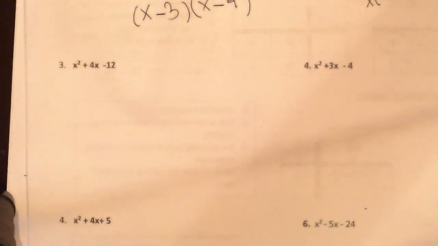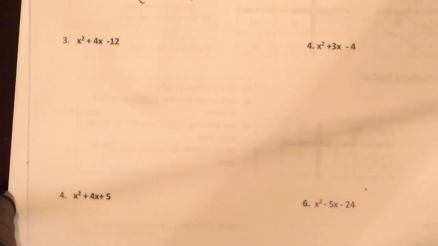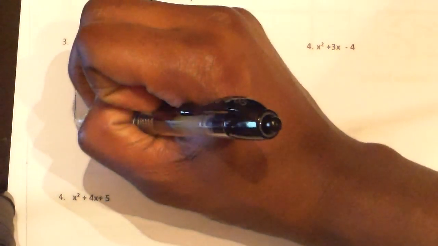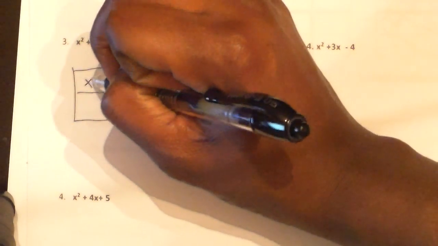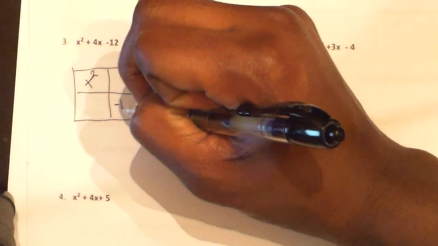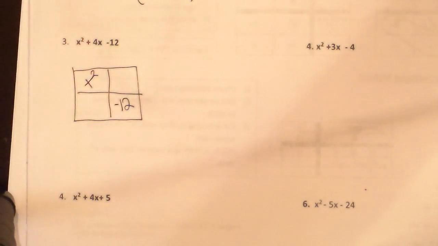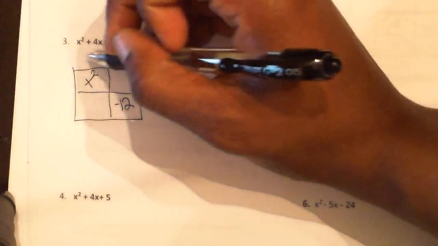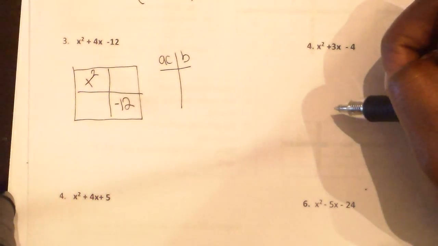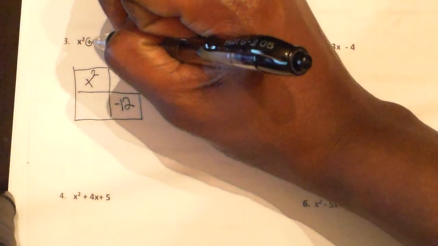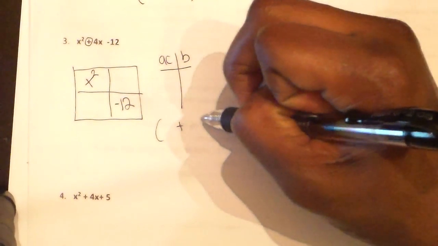Okay, let's look at some more examples. Okay, I'm doing my reverse window pane. If anytime you want to pause and try it on your own and then press play again, that'll really help. First and last term, my A times C and my B. My first sign's a positive.